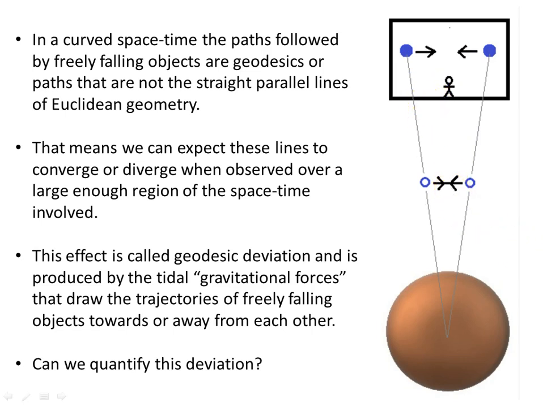This effect is called geodesic deviation and is produced by the tidal gravitational forces that draw the trajectories of freely falling objects towards each other or away from each other. What we want to do in this video is quantify this deviation.